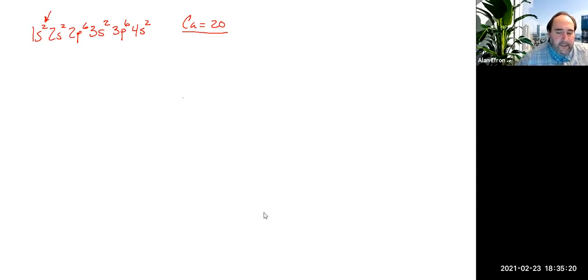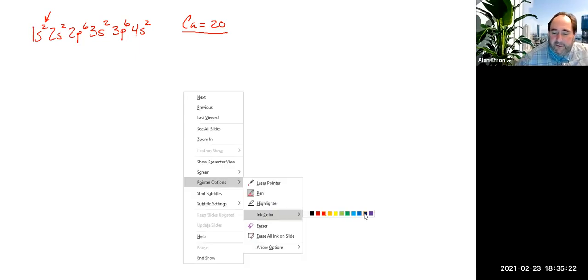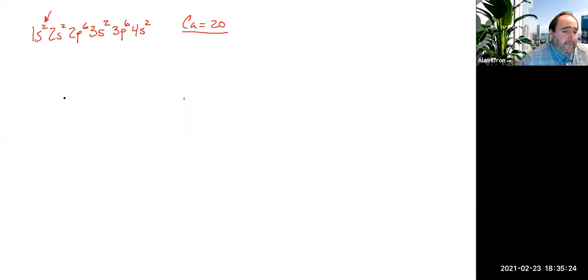Now, also, when we write electron configuration, if we look at something like calcium, and we just look at this part of it, and count up the electrons involved, you simply count up the top numbers. If we count up the top numbers, that is 18 electrons.